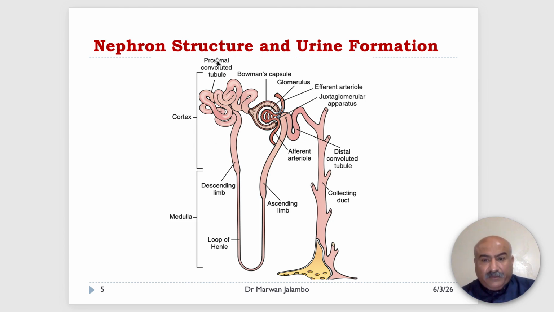The proximal convoluted tubule, the loop of Henle, the distal tubule, and the collecting duct. Here is the distal convoluted tubule.